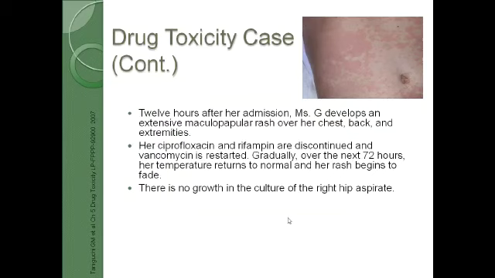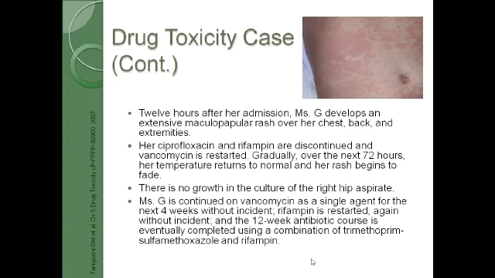So as you see here, upon withdrawal of ciprofloxacin, these symptoms, fever and rash, fade away. And there is no growth in the culture of the right hip aspirate. So she's continued on vancomycin as a single agent for the next 4 weeks without incident.